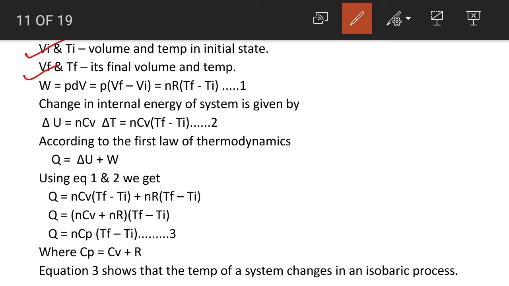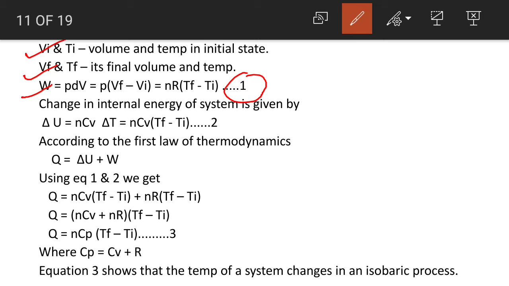The work done in the expansion is given by W is equal to P dV, that is P into (Vf minus Vi). You know that PV is equal to nRT, so it is equal to nR into (Tf minus Ti). So this is equation number 1.